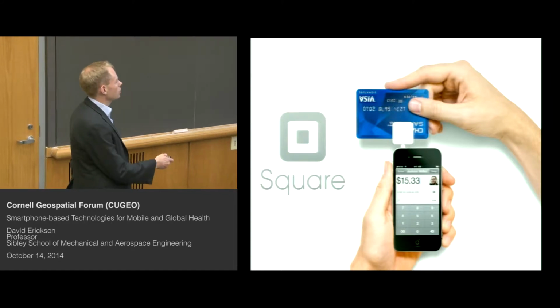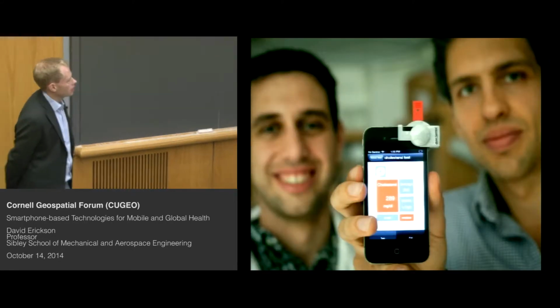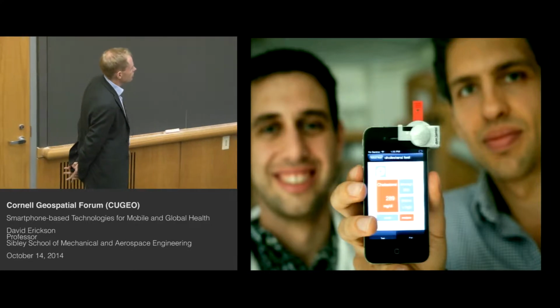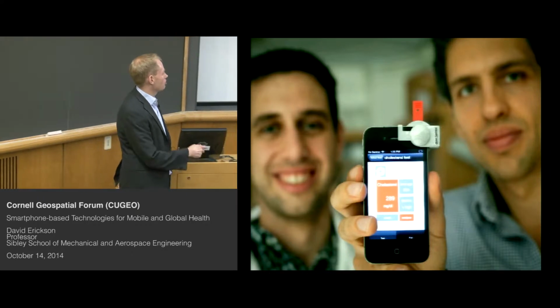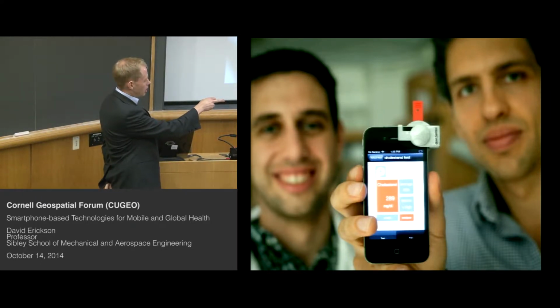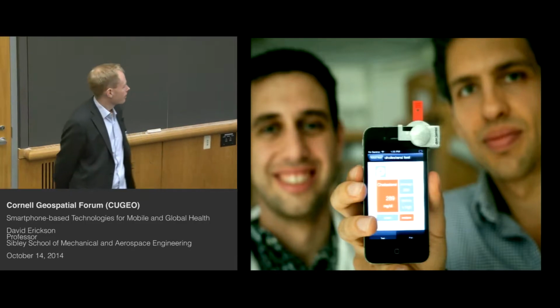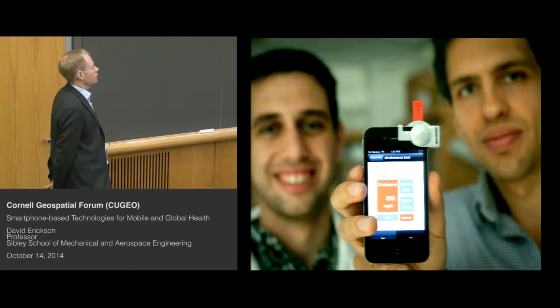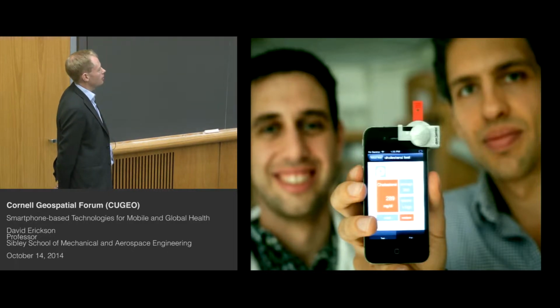So what we want to do really is do this, but for these types of diagnostics. And so this is an early version of our device. We'll go into the components later, and I have a prototype up here, if you're interested in taking a look at it during the coffee break. But the upshot of it is it's a little device that's similar to this Square system that fits over the corner of the camera.